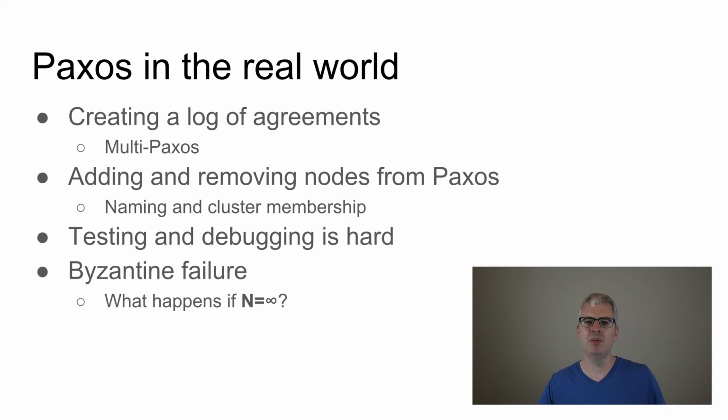Well, since I already have a log of things that are going on, maybe I can add metadata to that log. Maybe I can add special transactions that say, at this point, we agree that the cluster has grown by 1 node, or at this point, we agree that the cluster has shrunk by 1 node. That just adds a little more complexity. You also need a good way of naming your machines so that you can identify which machines have been added and removed.